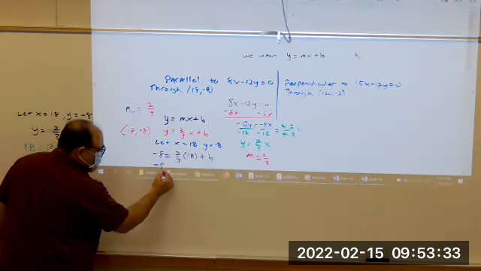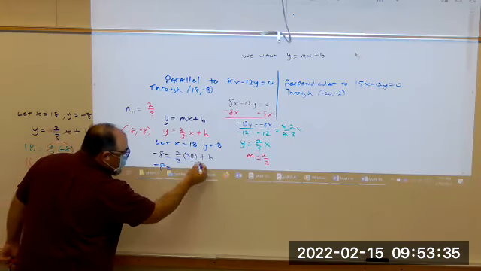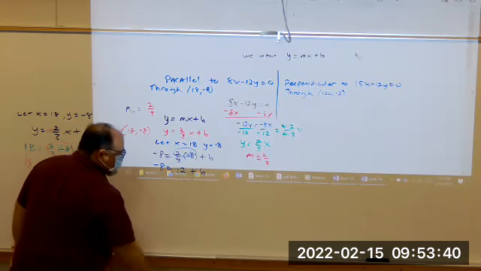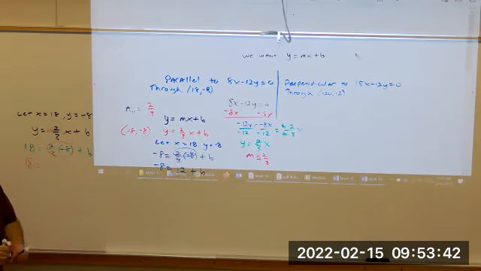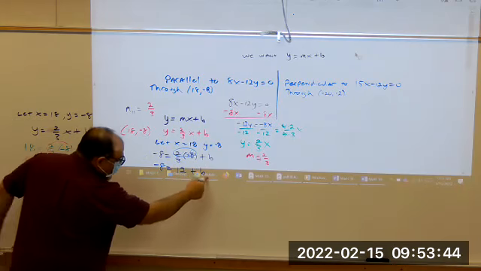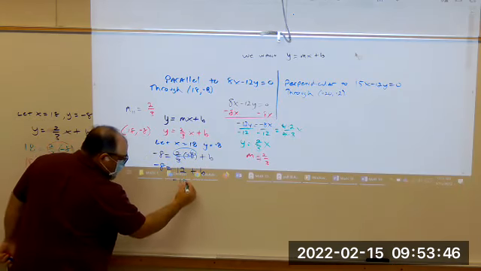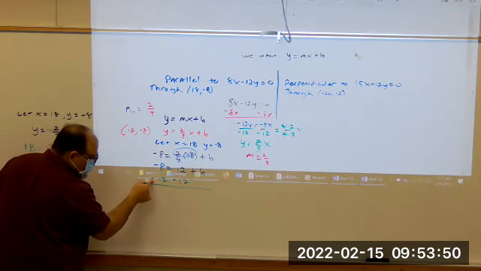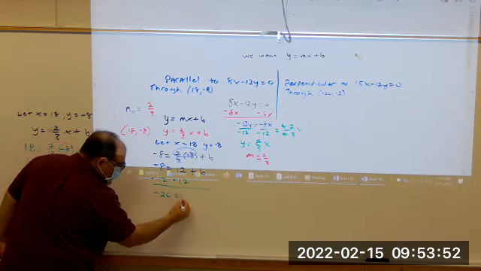Negative 8. 3 goes into 18 6 times, 2 times 6 is 12, plus b. To solve for b, undo a positive 12, subtract 12 from both sides. Negative 8 minus 12 is negative 20, which is the b.